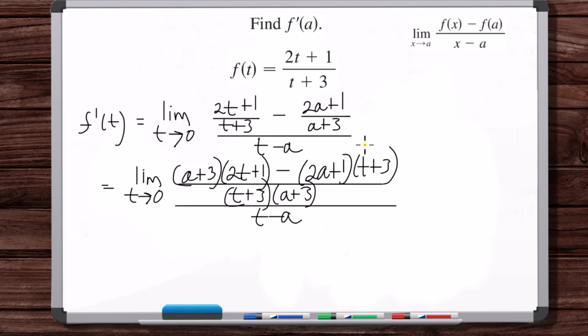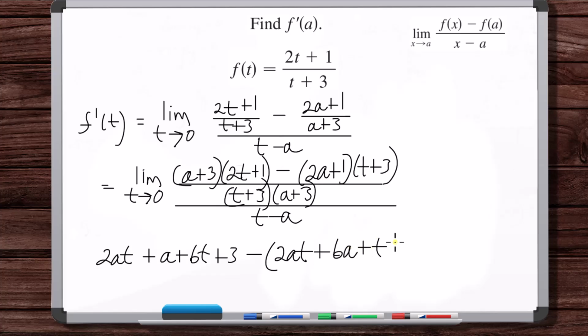Okay. So you've got 2at plus a plus 6t plus 3 minus 2at plus 6a plus t plus 3.